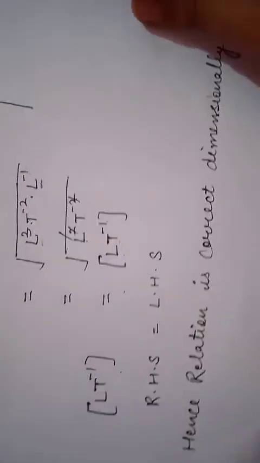So LT minus 1 is equal to LT minus 1, which means the dimensions on both sides of this relation are equal.